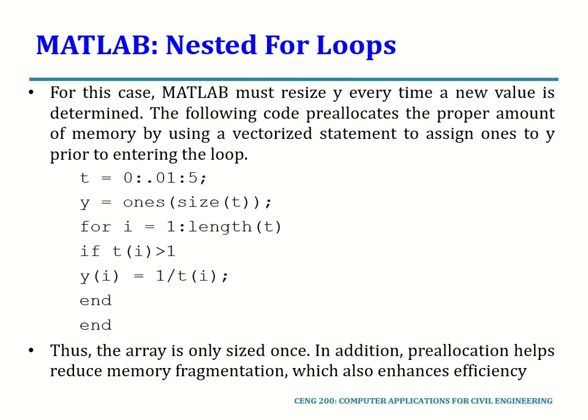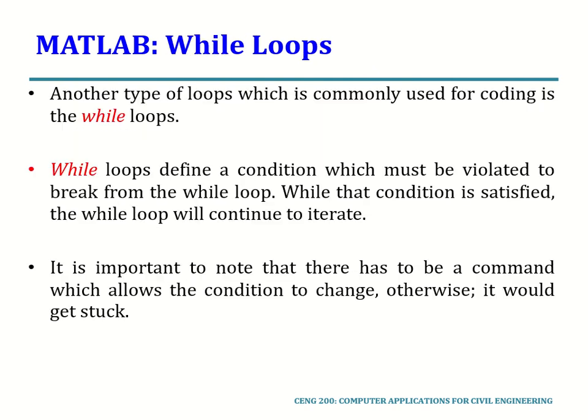So the point is, pre-allocation of memory according to the size of a variable can make the working of the program more efficient in terms of time and memory. Before we start generating the loop, we can create that variable and assign some values, 1s, 0s, whatever.